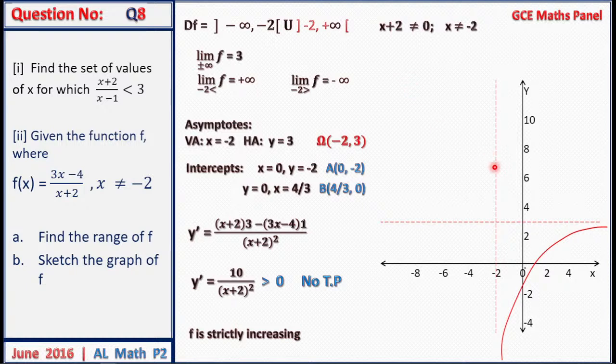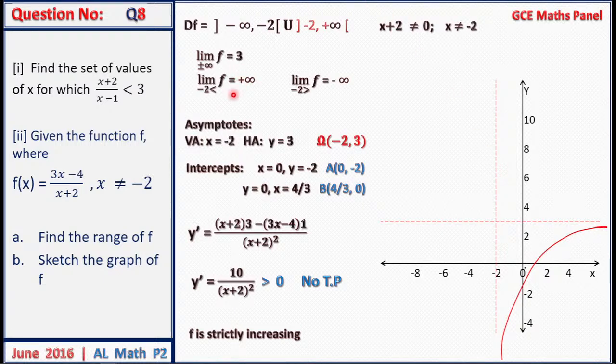The limit tends towards 3, so it moves in this direction. And there are two intercepts here. It crosses at 0, minus 2, as you can see, though it's not really well drawn, and 4 over 3, 0. x is 4 over 3, y is 0. And then equally, as x tends to minus 2 from below, what did we have? This is here, minus 2 from below.